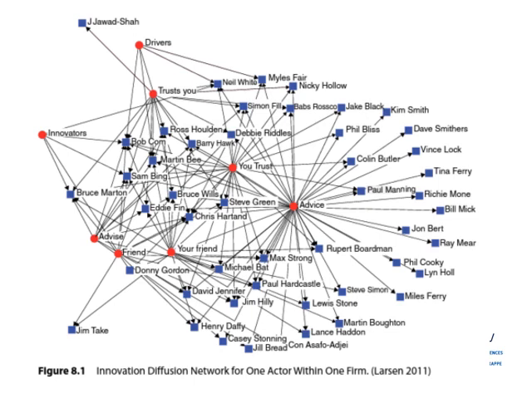So innovation diffusion networks for one actor within one firm. So basically they're looking at a person, which is you, and then advice coming from the suppliers and architects or innovative people, or guys that have worked on previous projects with information.